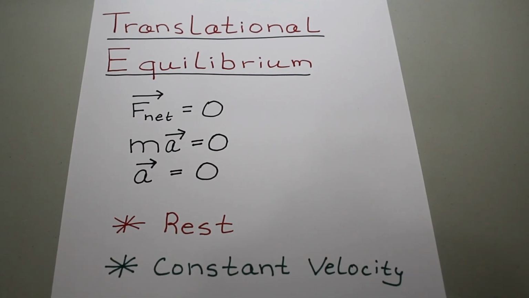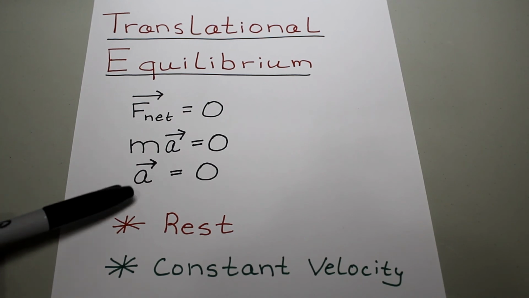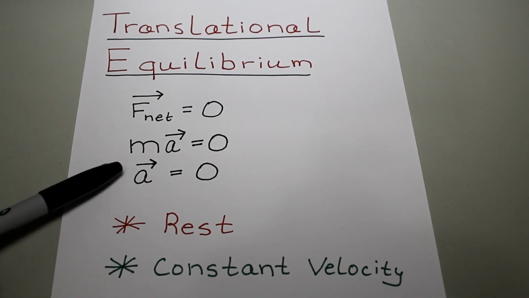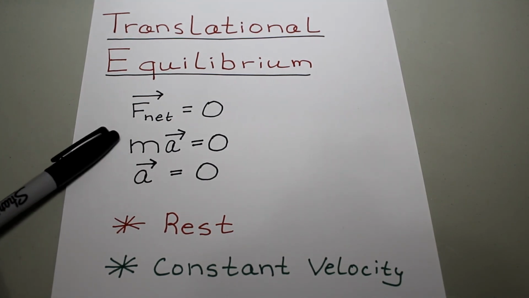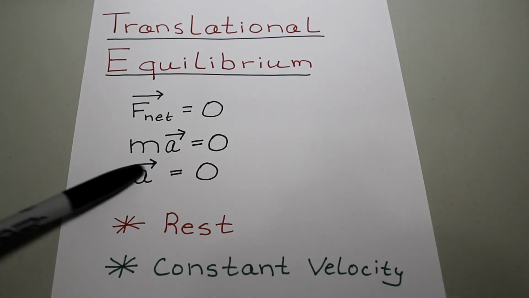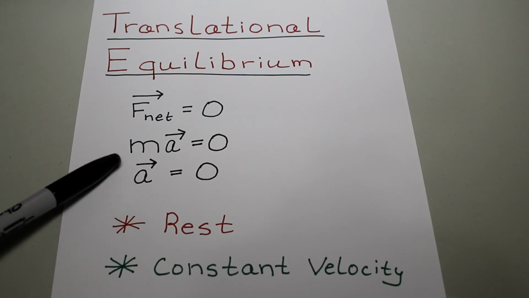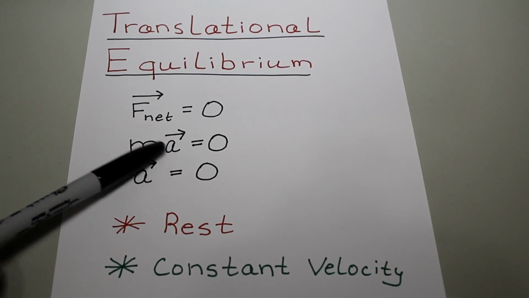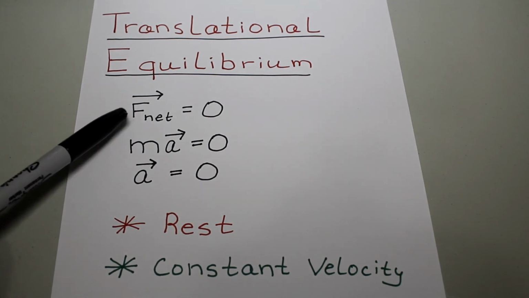And one last thing I want to cover before ending the video is translational equilibrium. When we have an acceleration of 0, we have mass times acceleration is equal to net force, and mass times acceleration is 0 because acceleration is 0, and anything times 0 gives us 0. So the net force is 0.